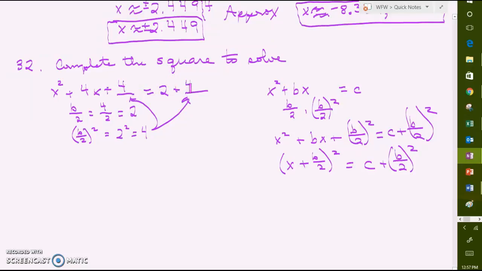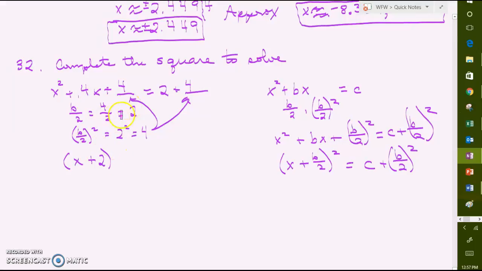You do not have to trouble yourself factoring the first one if you know the formula that a perfect square trinomial is going to be the roots added together or subtracted if you have a subtraction here. So the root of 4 is 2.